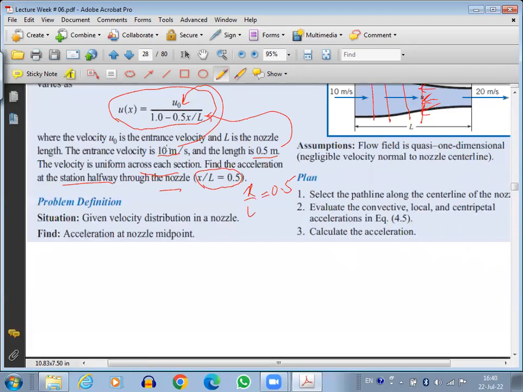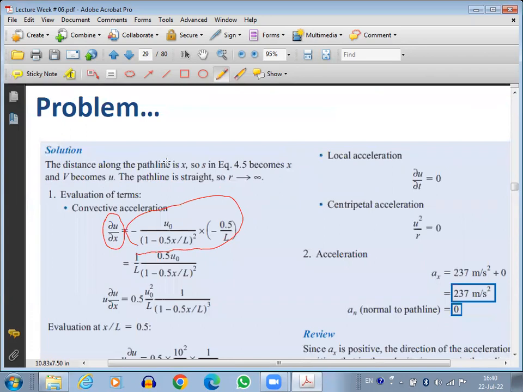So this becomes power 2, and then you differentiate the original term without the power. So you got this thing.